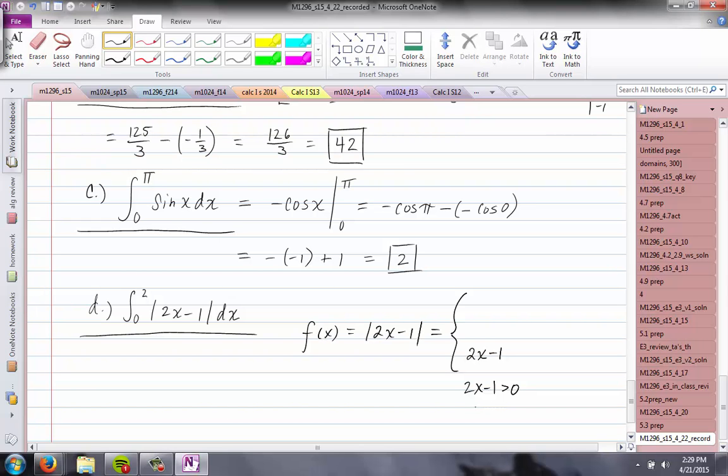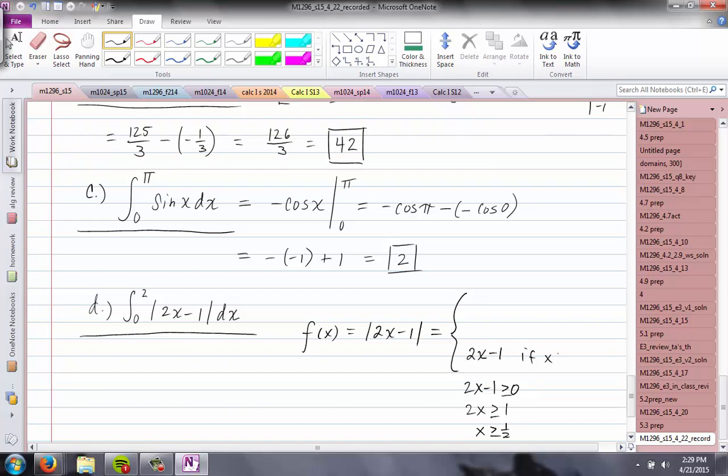So just doing this as side work, we get x has to be greater than 1/2. Somewhere you need to put the 0 case, and it really doesn't matter which one. I'm just going to put it with the positive case, and that will suffice.